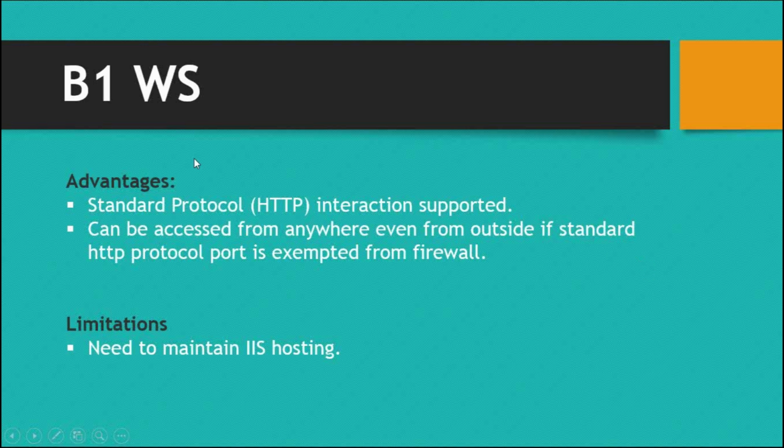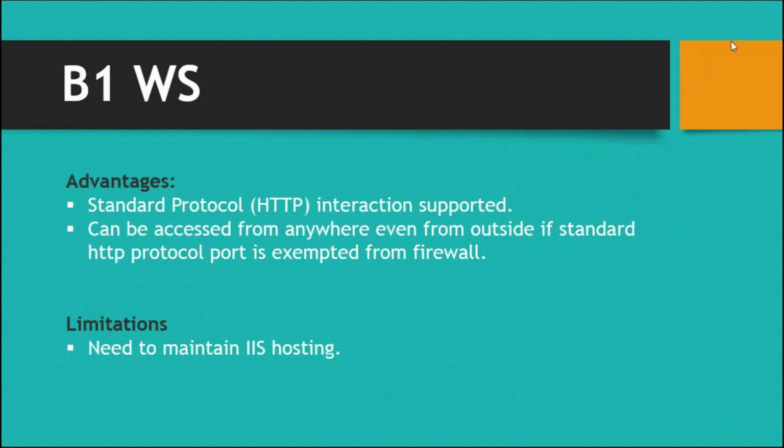Now what are the advantages? The advantage is that the standard HTTP protocol is supported, so you can pass to a standard port called 80, and you can expose the port from anywhere and interact with it from the outside world. So there is no need to host the same application inside the same box.